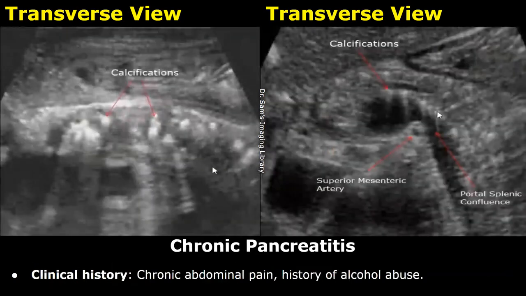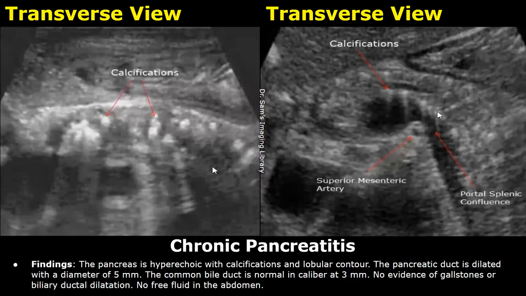Now we move on to chronic pancreatitis. The clinical history in this case was chronic abdominal pain and history of alcohol abuse. In the findings for chronic pancreatitis, you can write the pancreas is hyperechoic with calcifications and lobular contour, and after that you can write whether the pancreatic duct is dilated or not.